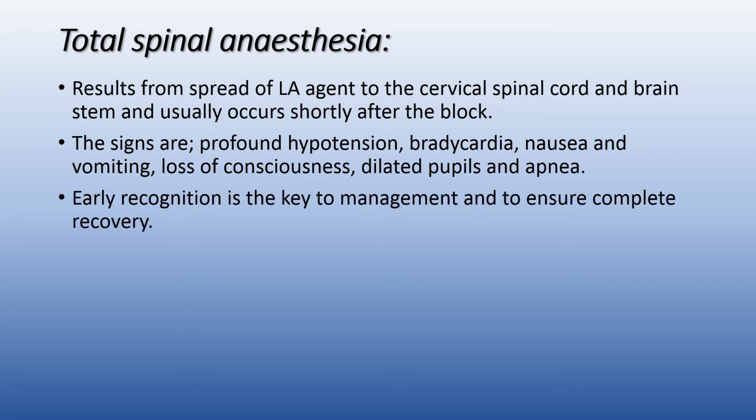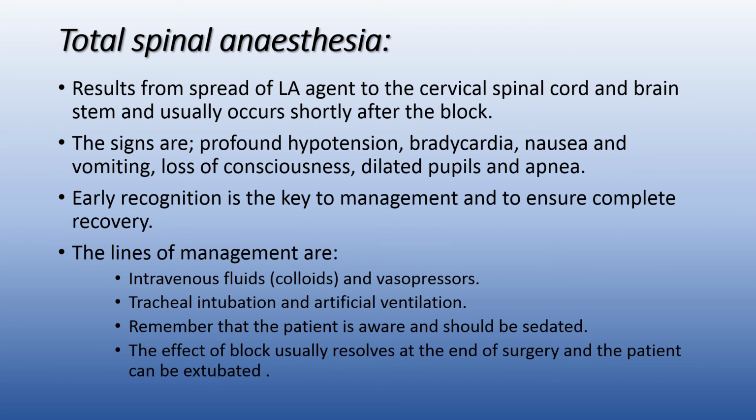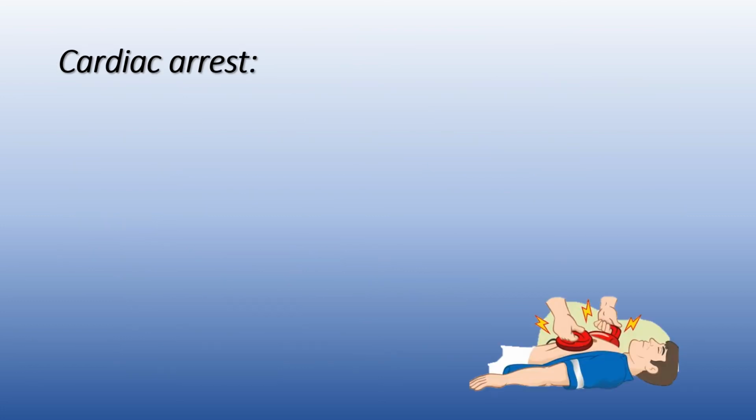Early recognition is the key to management and to ensure complete recovery. The lines of management are intravenous fluids and vasopressor, tracheal intubation and artificial ventilation. Remember that the patient is aware and should be sedated. The effect of block usually resolves at the end of surgery and the patient can be extubated.